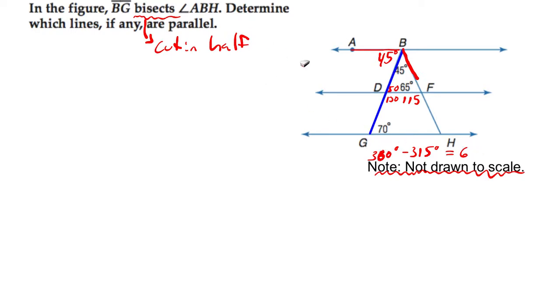I said 60 because, sorry, 380 minus 315 is 65. Ooh, look at that. 65 and 65, corresponding angles are congruent. So that means that this line DF is parallel to line GH because of corresponding angles.